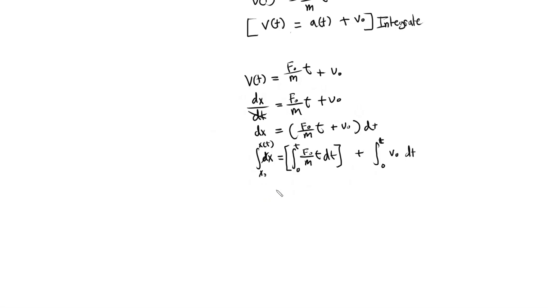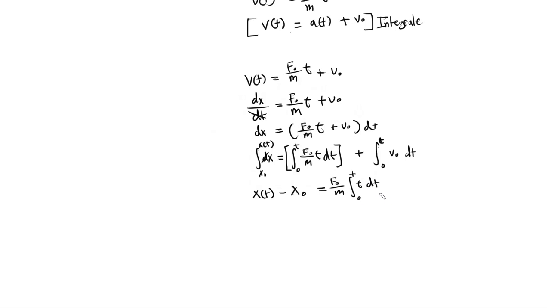So now, if we sub into x, we'll be left with x of t minus the initial x is equal to, now taking the integral here, we'll just move F over m to the front. We'll be left with the integral from 0 to t of t dt, which will just be t squared over 2.